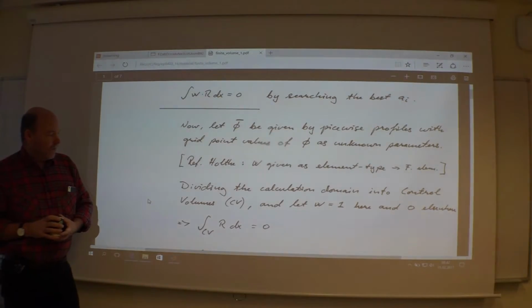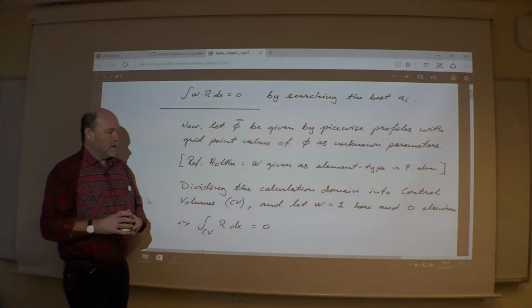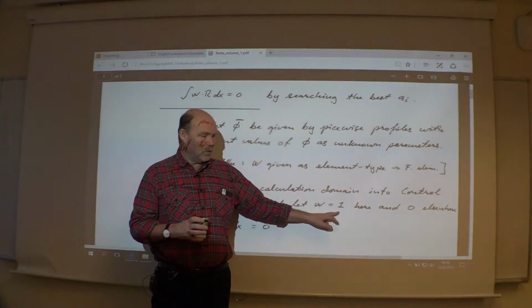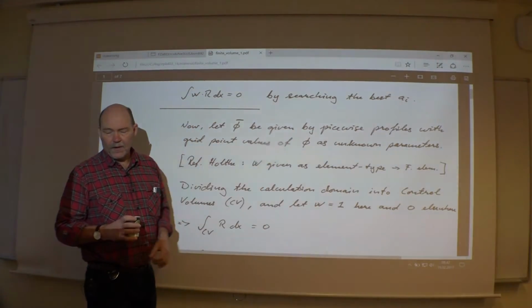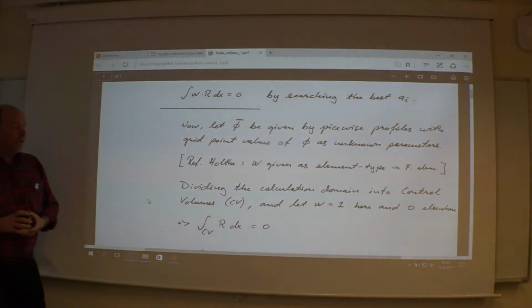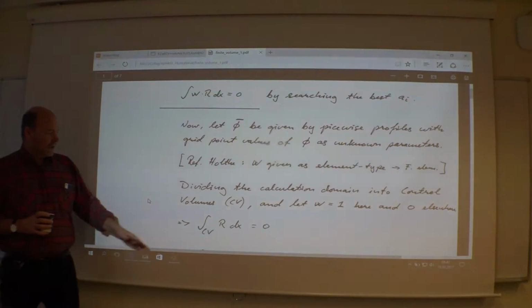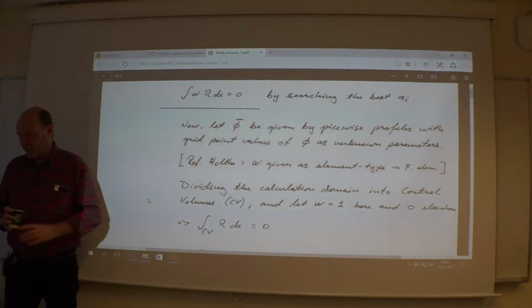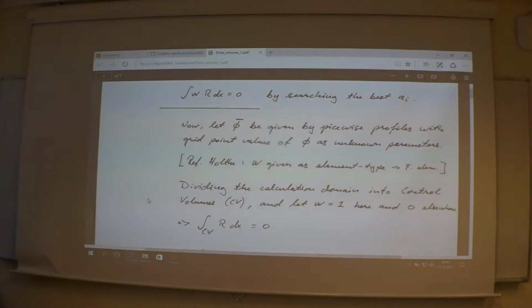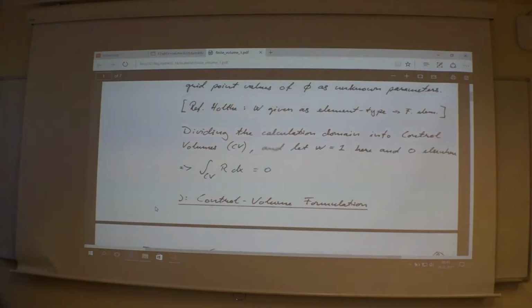And for finite volume, we do it as simple as saying this weight function is 1 when you are inside the control volume of focus and 0 elsewhere. So you're only looking at one control volume at a time. And then you will be left with this equation. So the volume integral is what we are seeking.